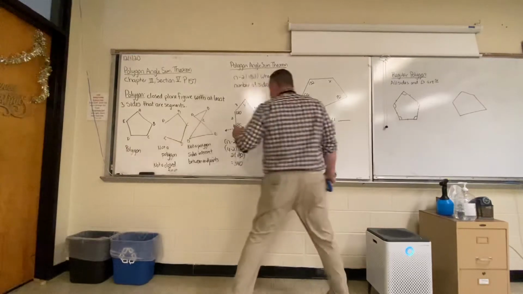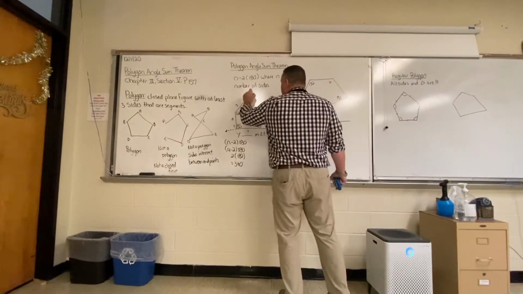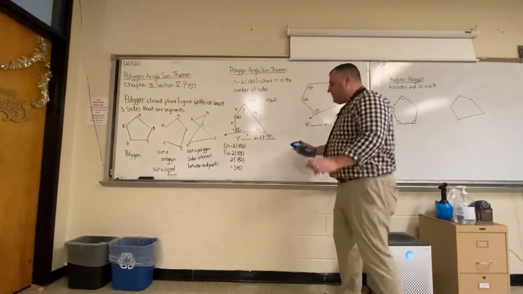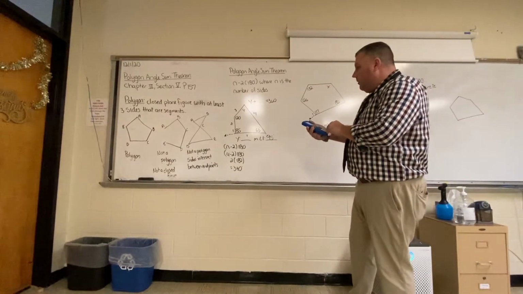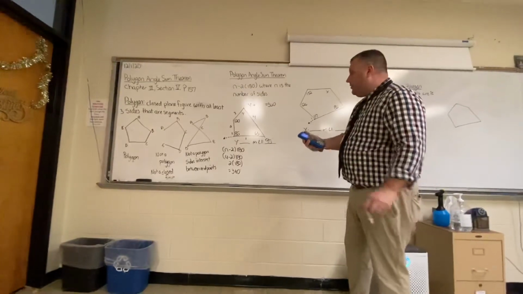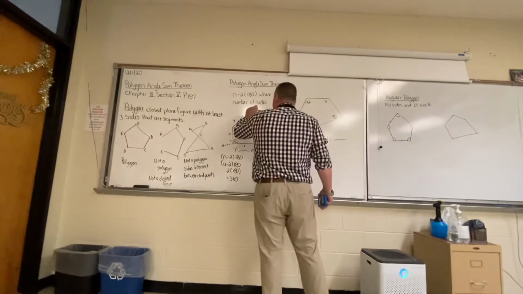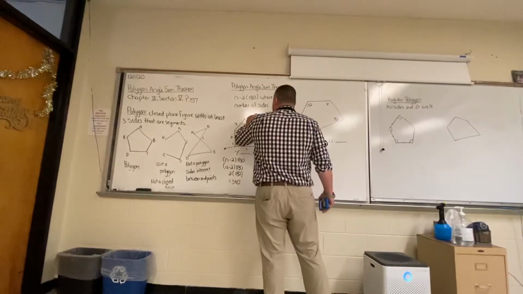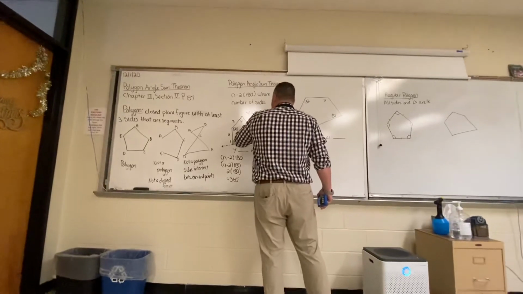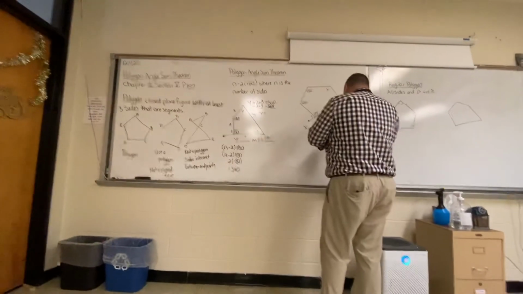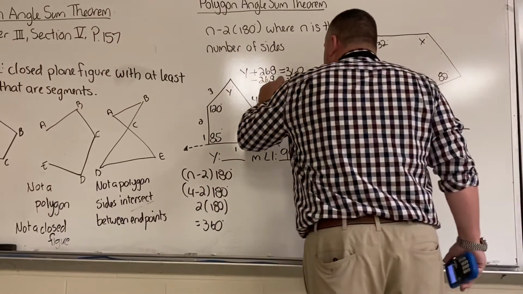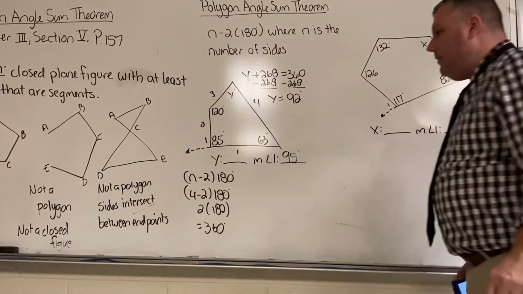So I have my y here, plus the sum of the internal angles is equal to 360. So I'm going to add up 120 plus 85 plus 63, and that's equal to 268. Okay, I'm going to subtract 268 from both sides. So y is equal to 360 minus 268, which is 92 degrees.